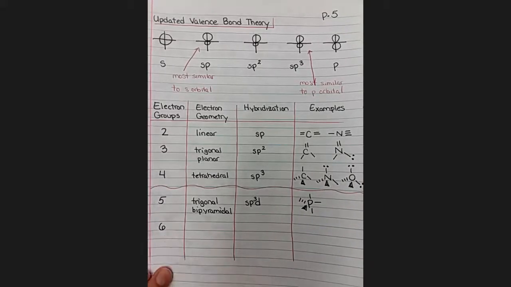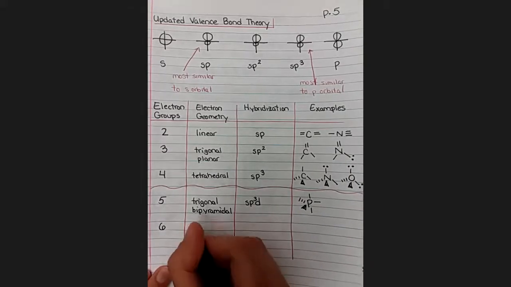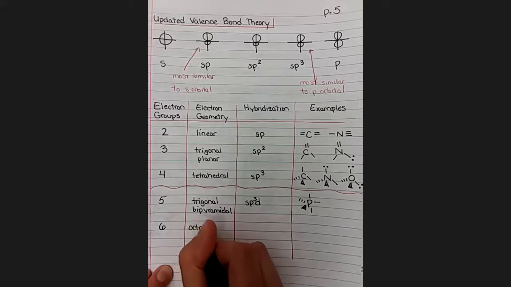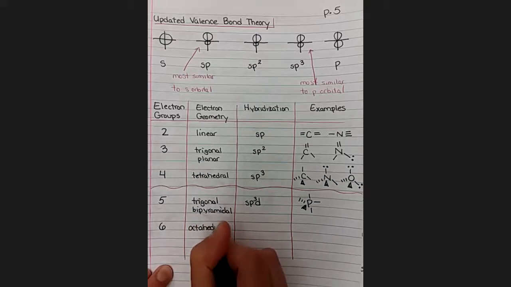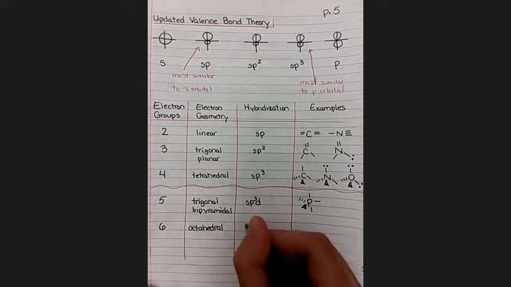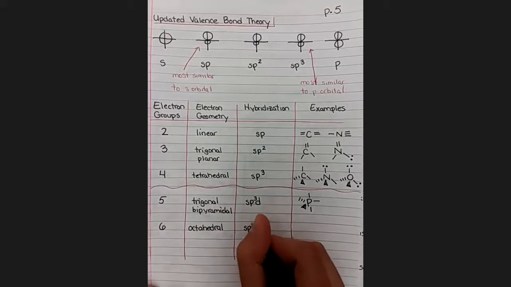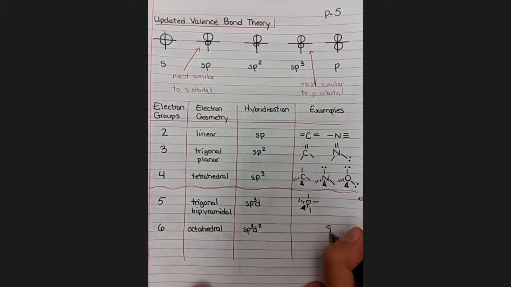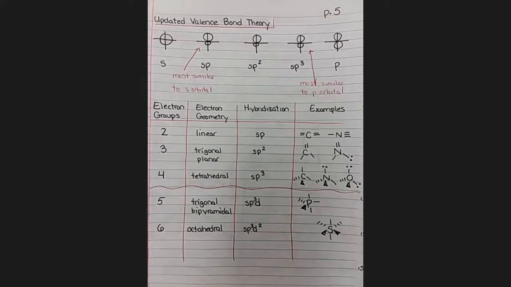And if we're trying to explain a 6-membered electron geometry, which we call octahedral, we need to pull in 2 of the valence d orbitals, giving us a hybridization called sp3d2. And you might see that in an atom such as sulfur, which is large enough to hold 6 bonds.